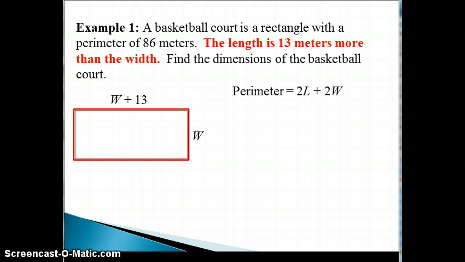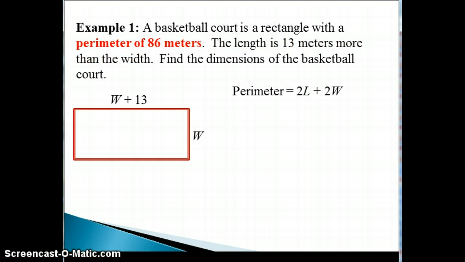Now we are ready to write our equation, and the formula for the perimeter will be our starting point. First, notice that the problem tells us that the perimeter is 86 meters. So we can plug this into the formula for the perimeter.